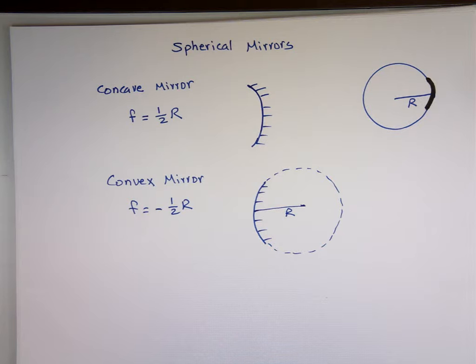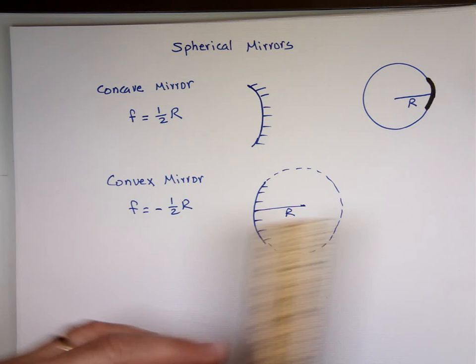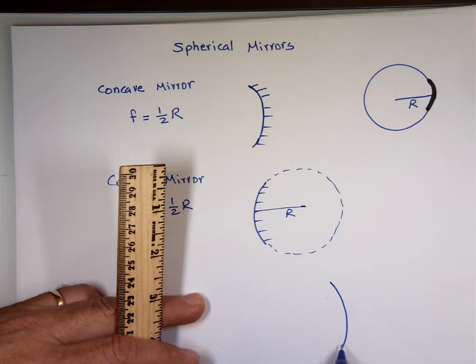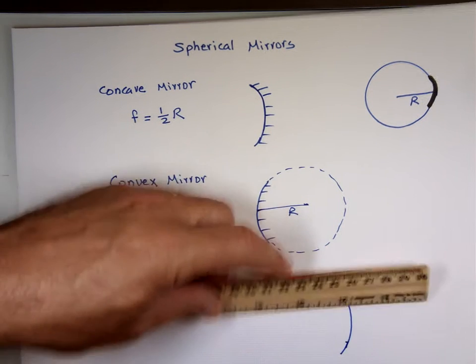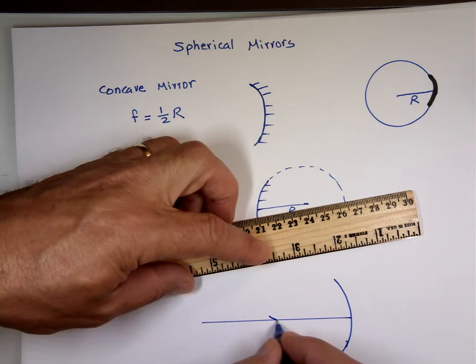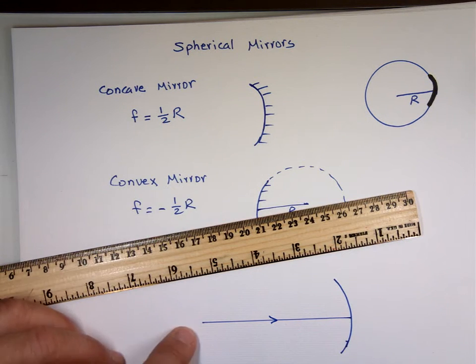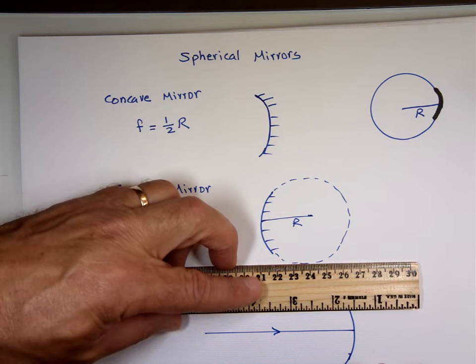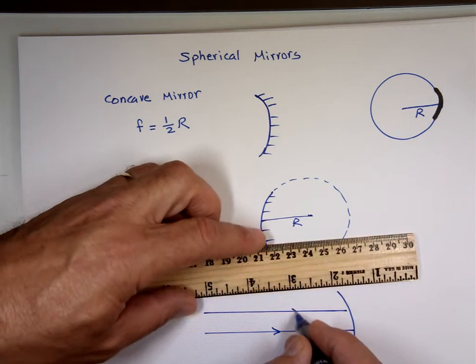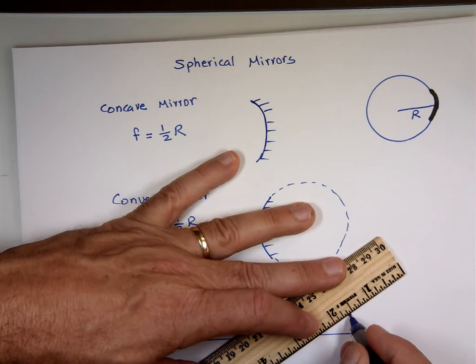What does that focal point mean for concave and convex? For a concave mirror, if you shine a light straight at that, it's going to deflect through that point. But if it's higher, the deflection is going to go through this point, somewhere here.